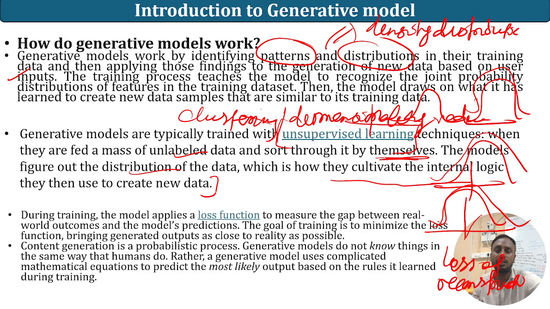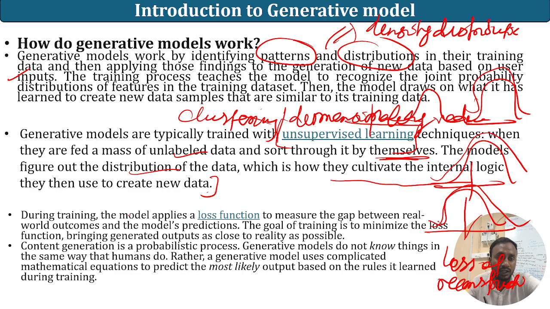So it mostly works based on unsupervised machine learning. We feed it data without telling it which data is which or how to work it out, and it figures out the distribution of the data. Then it creates new data.